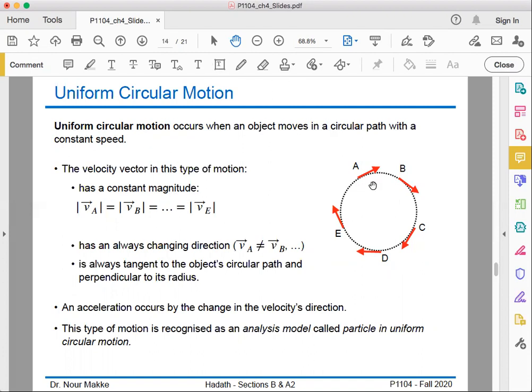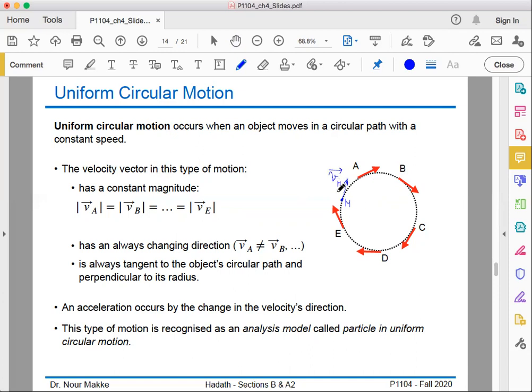If you draw the velocity vector at different points, we have seen previously that if you take any point along the path followed by the particle and you want to draw the instantaneous velocity, all you need is to draw the line tangent to the curve at that point, and then specify the direction of the vector in the same direction as the motion. If you call this point M, for example, then this is the vector Vm.